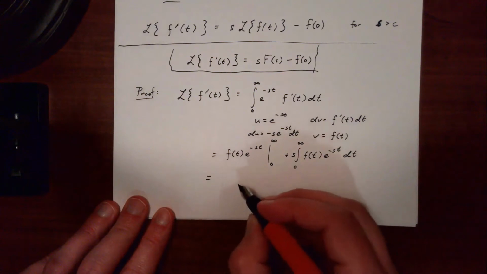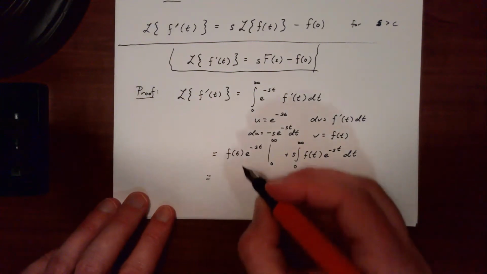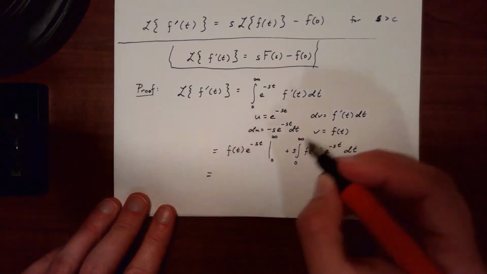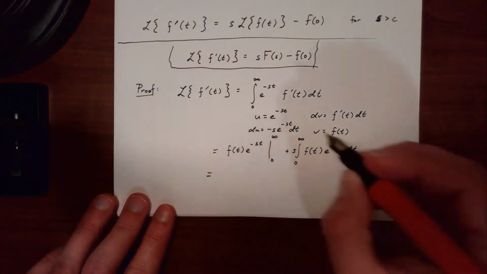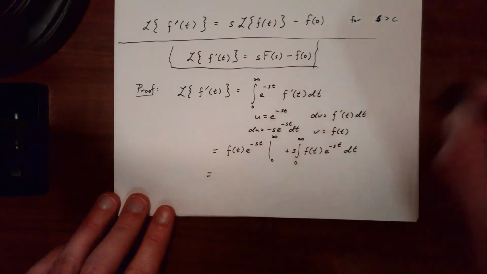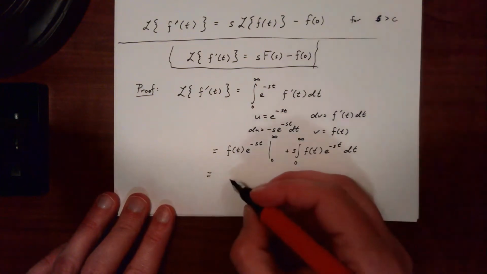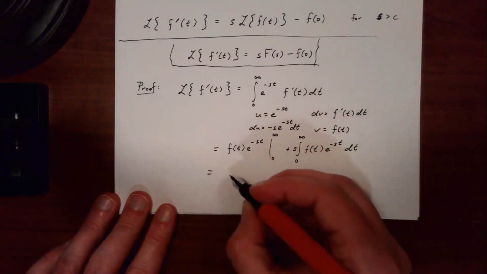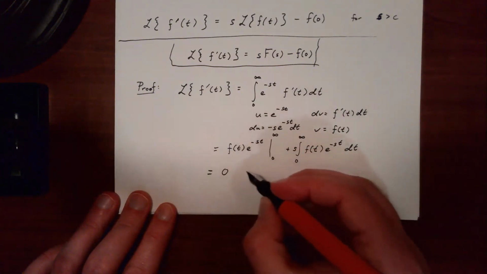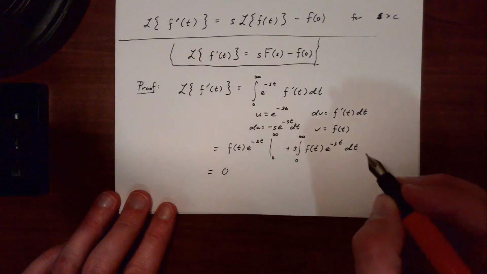But exponential order or exponentially bounded are two ways of wording this. By construction, f is assumed to be of this order. And so, as long as s is above the threshold c that f has for being exponentially bounded, this will be 0. That's by hypothesis.